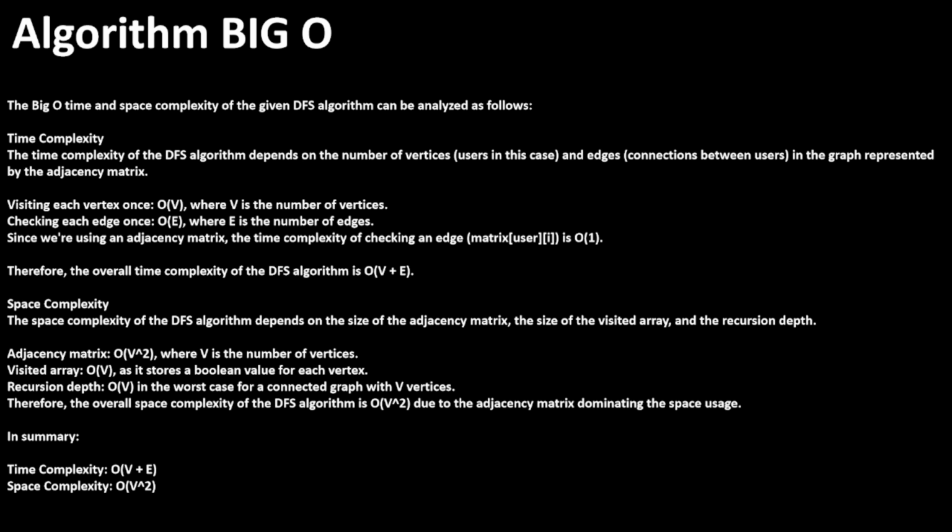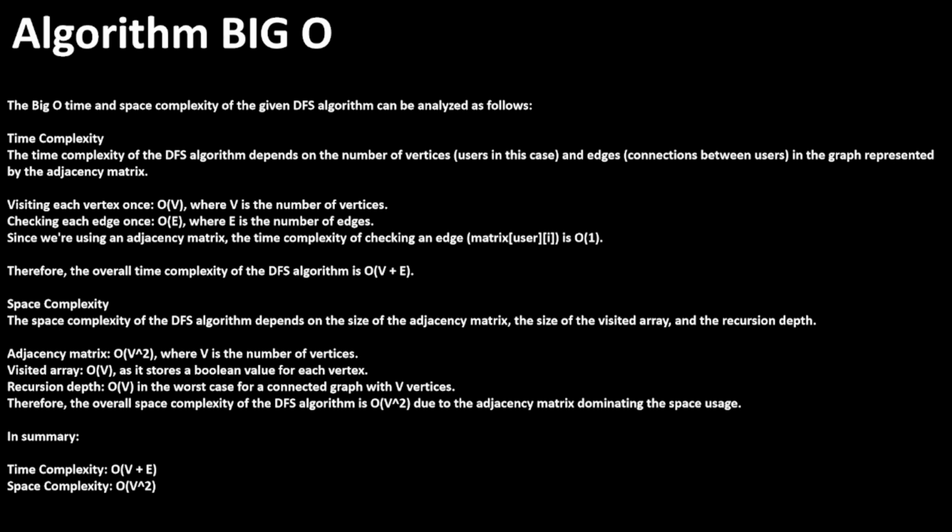In a graph represented by an adjacency matrix, visiting each vertex once is O(V), where V is the number of vertices, and checking each edge once is O(E), where E is the number of edges. Since we are using an adjacency matrix, checking an edge, matrix user of i, is O(1). Therefore, the overall time complexity of this DFS algorithm is O(E plus V).